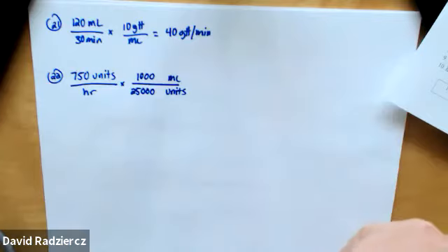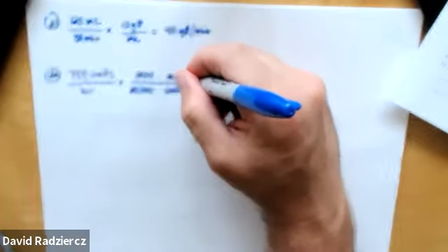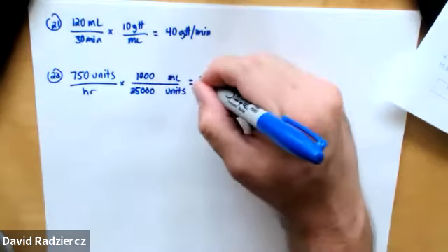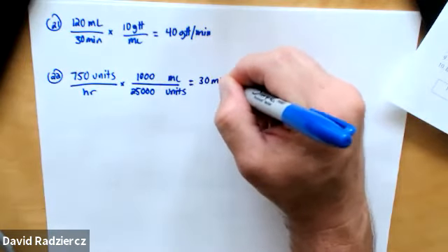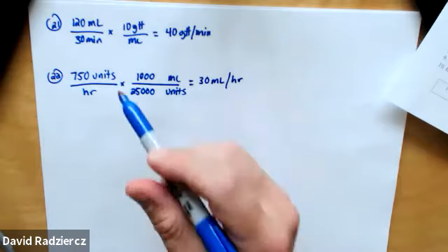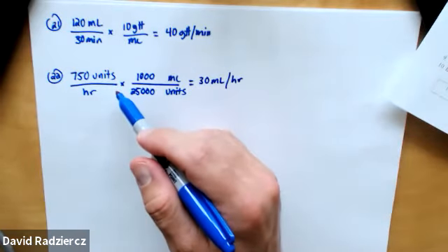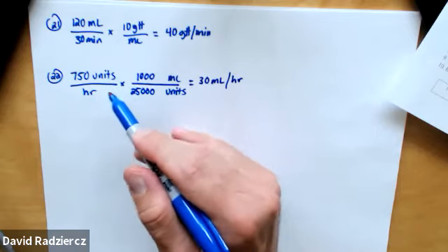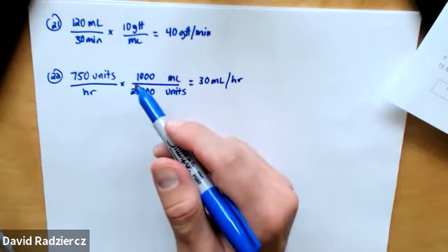Because 1 liter is the same thing as 1,000 milliliters. Then I'm going to multiply across the top, 750 times 1,000, then divide by 25,000, and I'm going to get 30 milliliters per hour. And like I said, this is very similar to the heparin protocol. In fact, that's essentially what this is. It's just a piece of the heparin protocol, calculating the heparin drip.